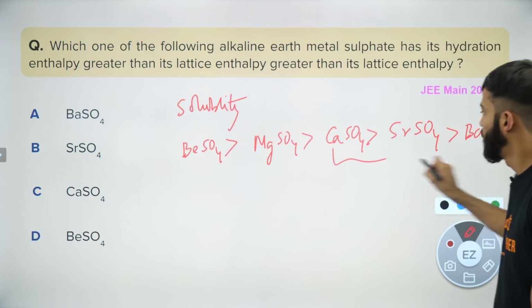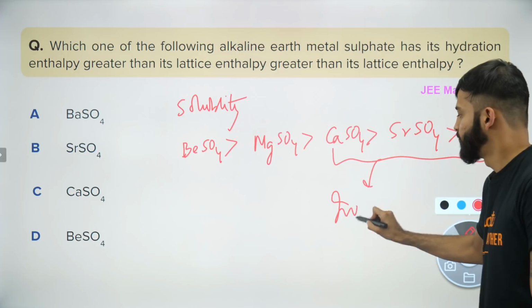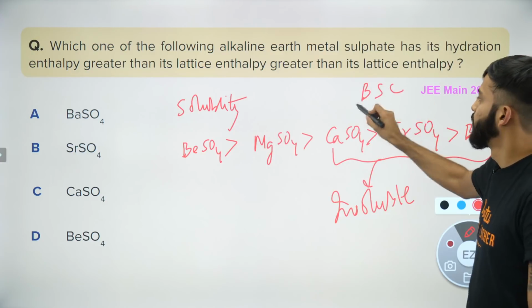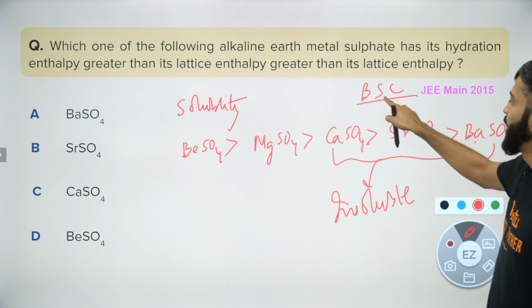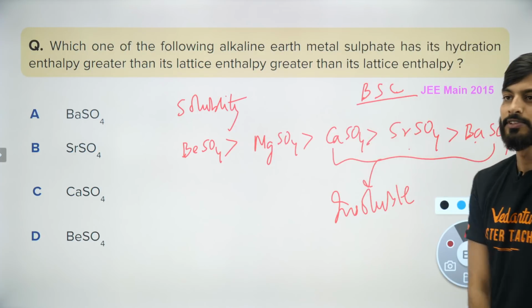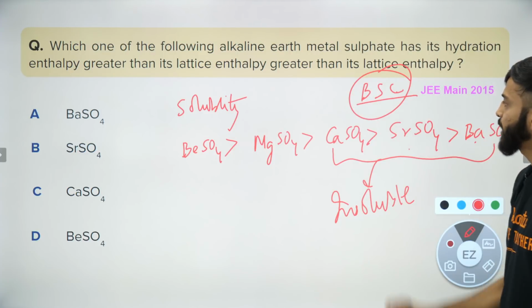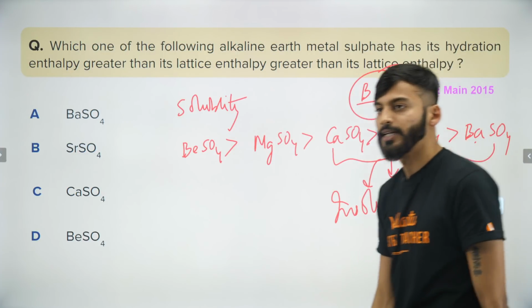I'm very happy to tell you these are almost insoluble. They are बिल्कुल insoluble. A short trick to remember is BSC: B for barium, S for strontium, C for calcium. They are all insoluble. किस bracket में आ जाएंगे? Insoluble में आ जाएंगे. ठीक है?